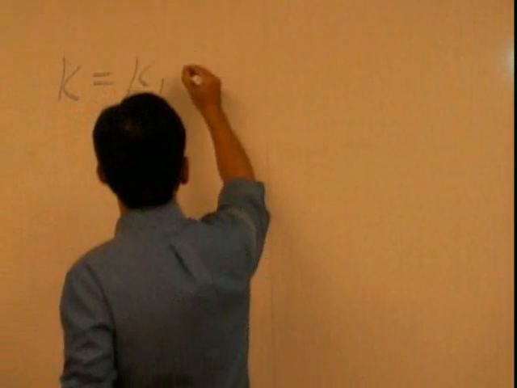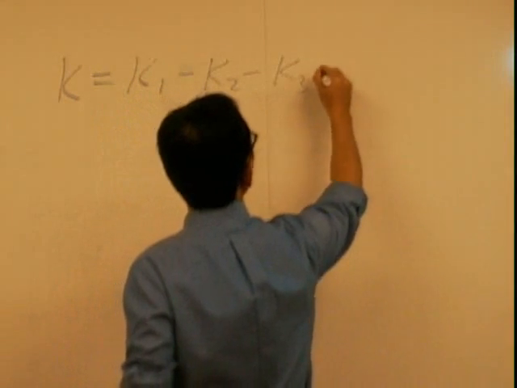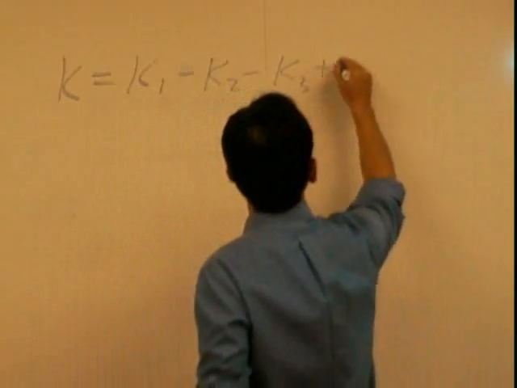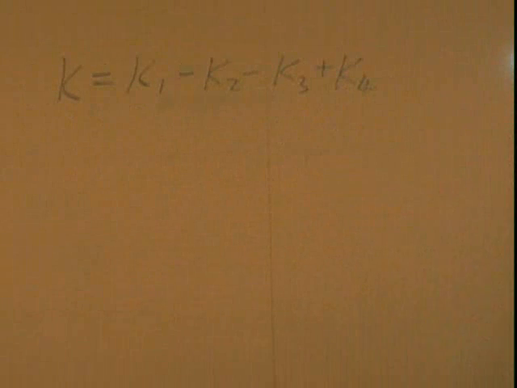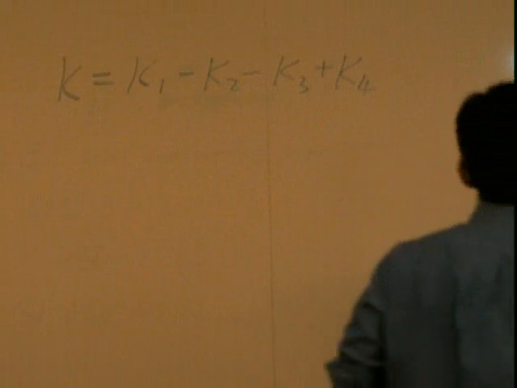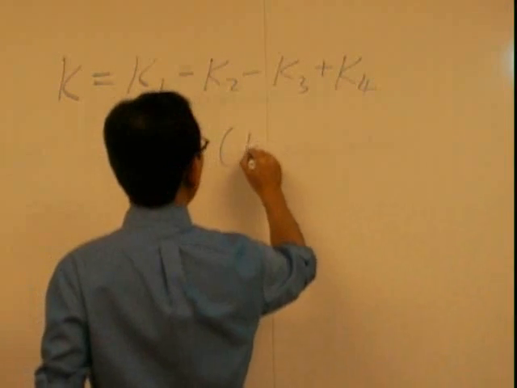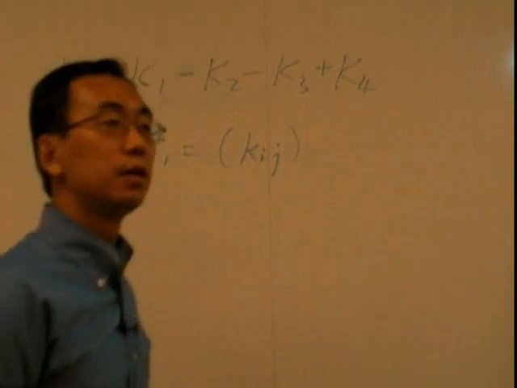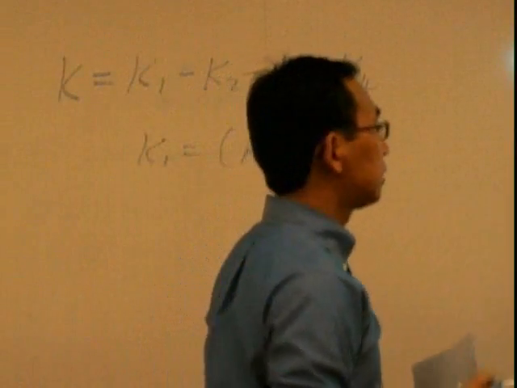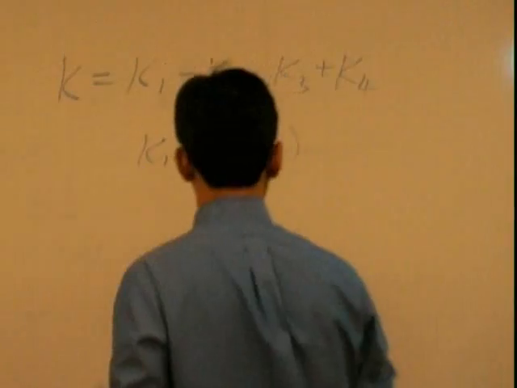Let's just make sure that we have the right sign. It's easy to see that the first term is equal to this guy, right? So k1 is nothing but K_ij, right? Next, I'm going to only verify one term, for example this term. You can go ahead and verify the other terms.